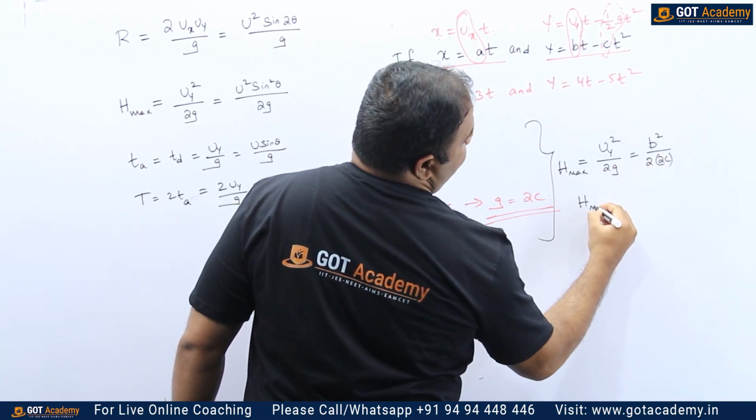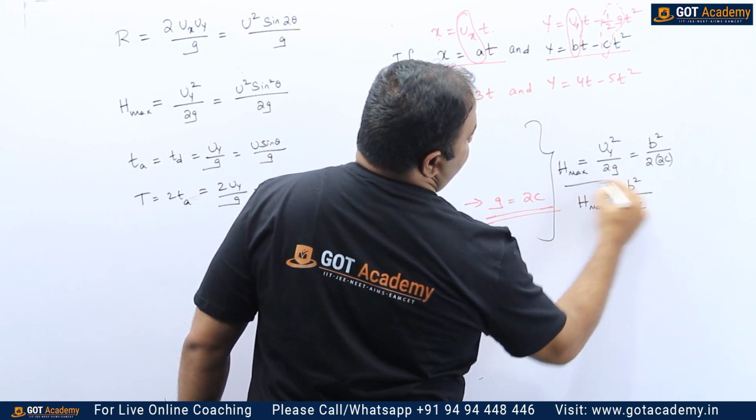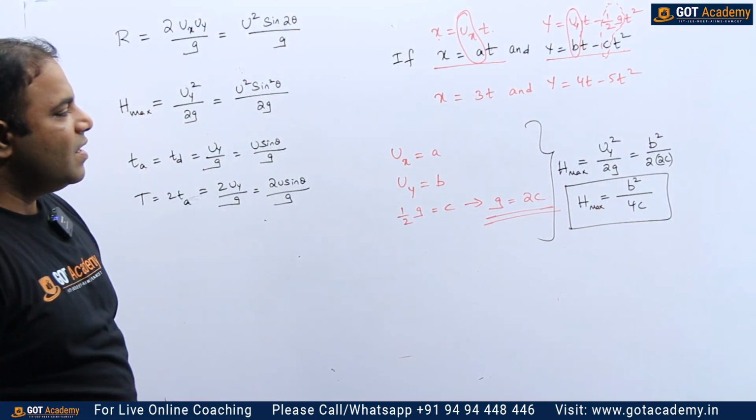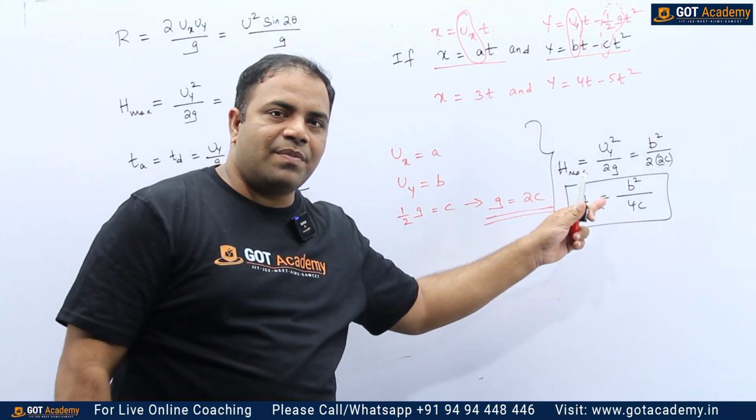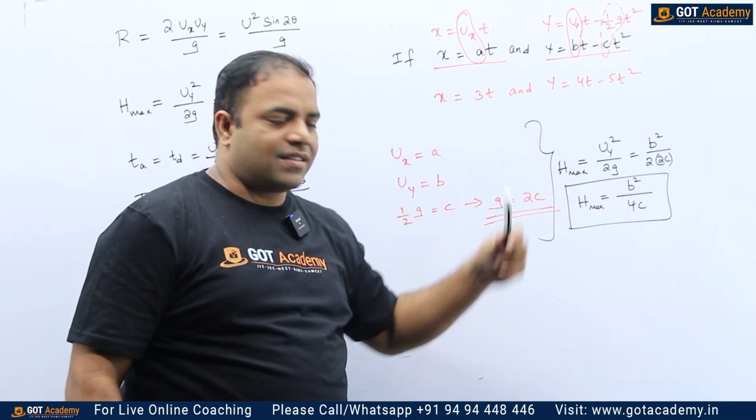So h max equals b squared by 4c. This expression must be in your brain, so whenever you look at this question, direct substitution gets the answer.